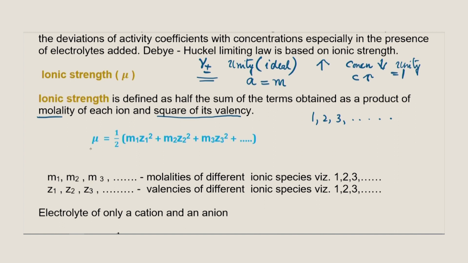You can represent ionic strength, denoted by the letter mu, as equal to half into, because it is half the sum, M1 Z1 square, M2 Z2 square, M3 Z3 square and so on. And this will give you the ionic strength of that particular electrolyte.